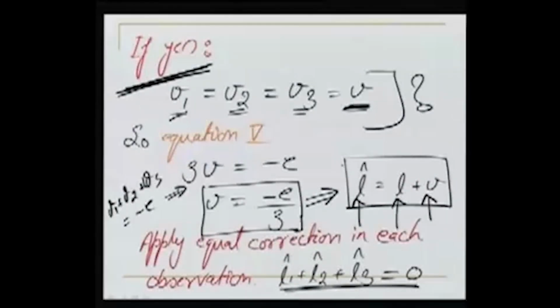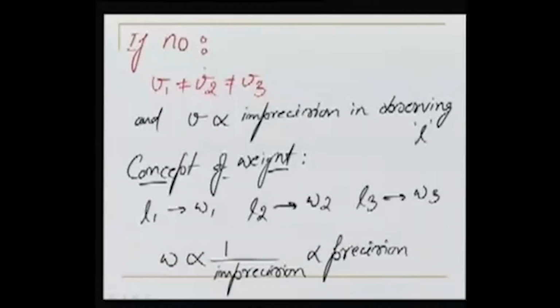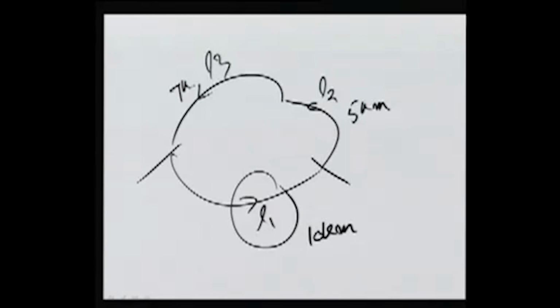Well, here the case was if the observations are taken with same precision. If it is not so, if the observations are not taken with the same precision, what could be the case? The case could be when L1, L2 and L3 were observed in the field, let's say this is a very large length, 10 kilometer length, while it is only 5 kilometer and it is 7 kilometer.